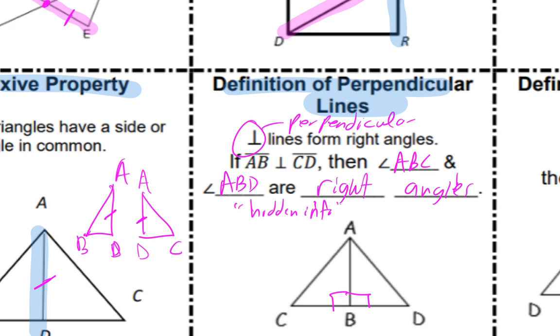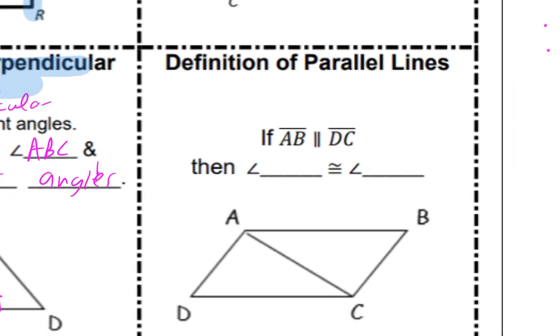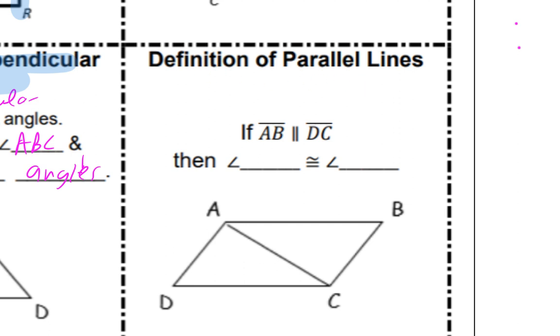All right, then our final piece of hidden information, the definition of parallel lines. If AB is parallel to DC, we're going to mark that by that little arrow, remember? If that's true, then we remember that if we have parallel lines cut by that transversal, then this angle right here is going to be equal to that angle right there.